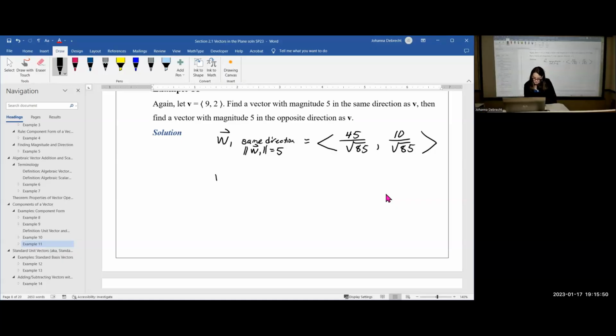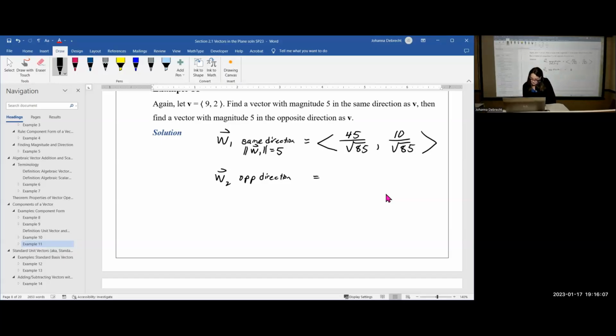And what about W2, which is the opposite direction, but also of magnitude 5? Well, I could just take the one that's in the same direction with magnitude 5 and just point it the other direction by multiplying through by a negative.